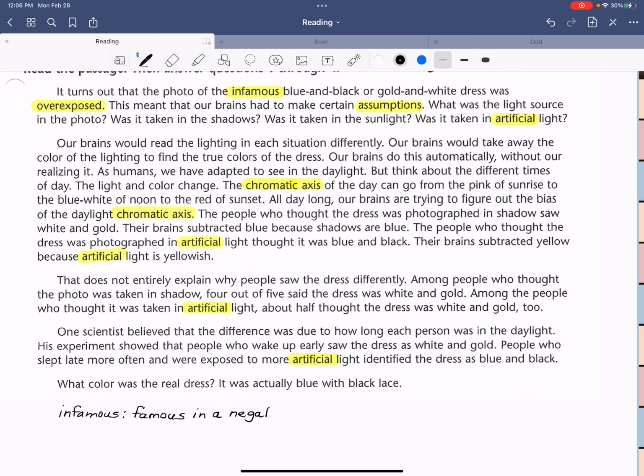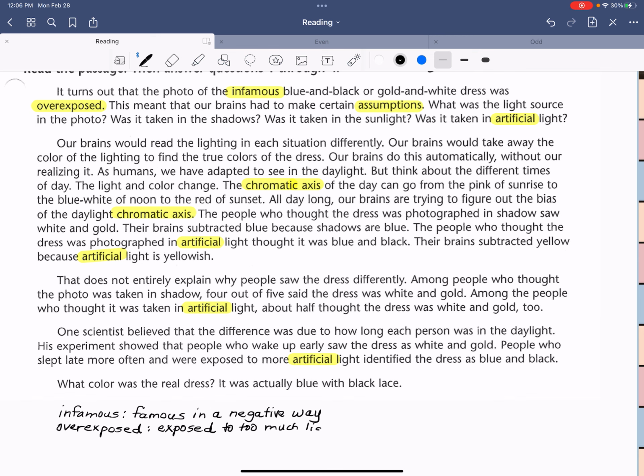Adolf Hitler was infamous. He was famous, but not in a good way. Overexposed means exposed or in the presence of, you could say, too much light in this case.